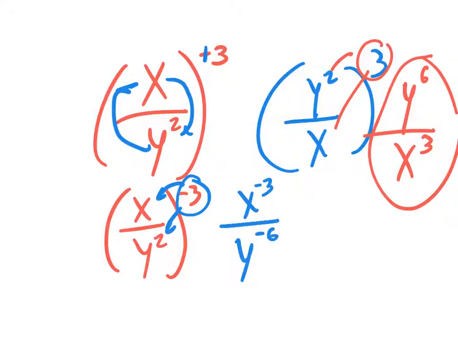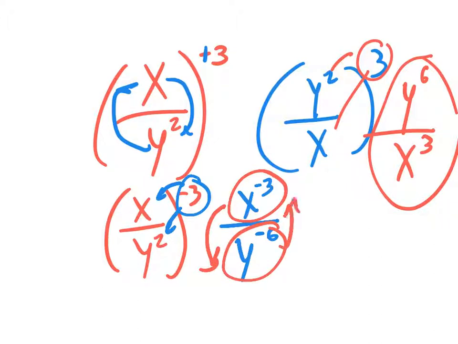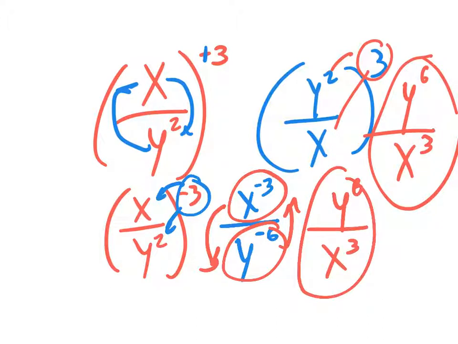And then you have to take those negative exponents and move them to the other side to make them positive. You'll end up with y to the 6th over x to the positive 3. As you can see, it's the same exact answer, y to the 6th over x to the positive 3. So it's a little trick. You don't have to use this trick, but you could use the trick to flip it before distributing.